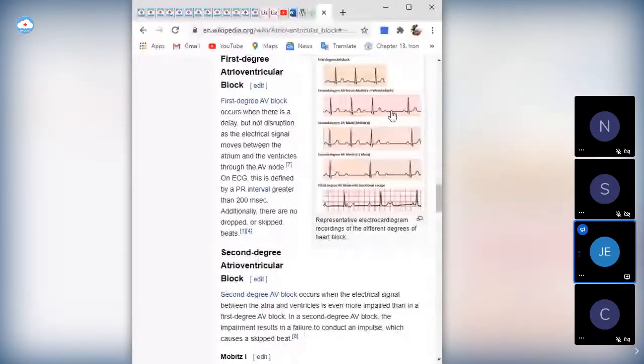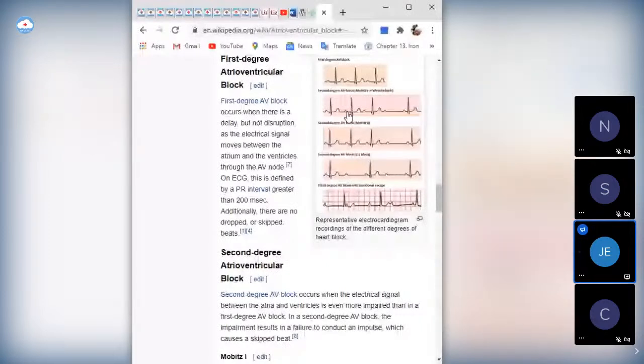You have a P wave and there's no corresponding QRS complex. And remember what they say, that as the PR interval is prolonging, the RR interval is shortening progressively. Like this one now is a 2-in-1 block, like after 1, 2, a 3-in-2 block.